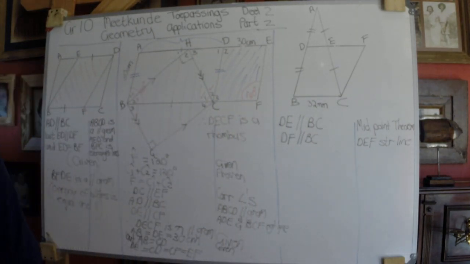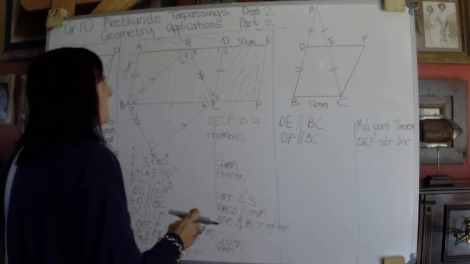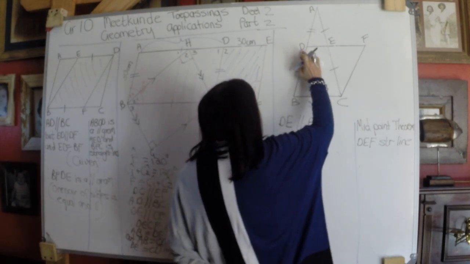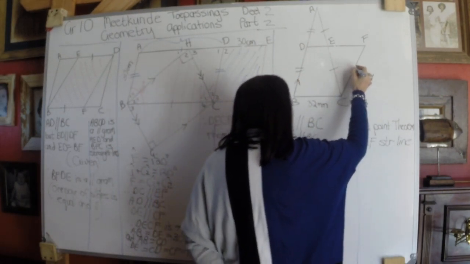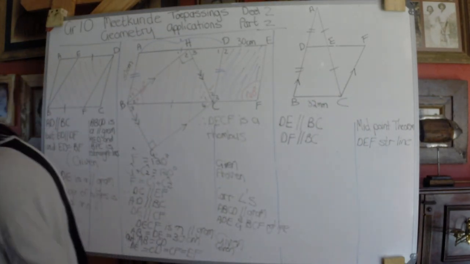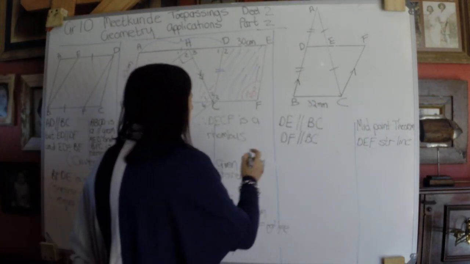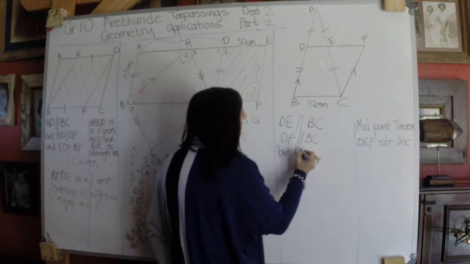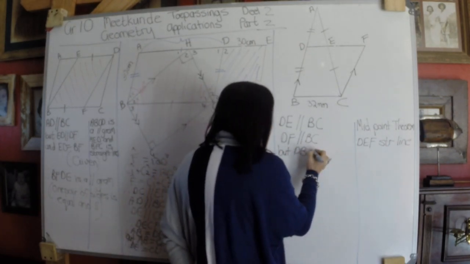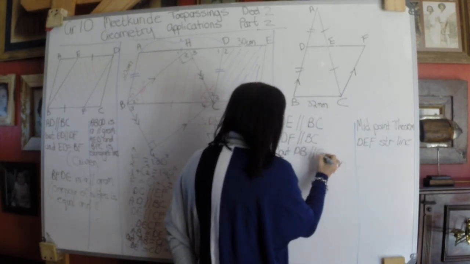Now the next thing. But DB, okay, that's been given. They also said it's been given that DB is parallel to FC. That's been given. DB is evenwydig, but DB is also parallel to CF.